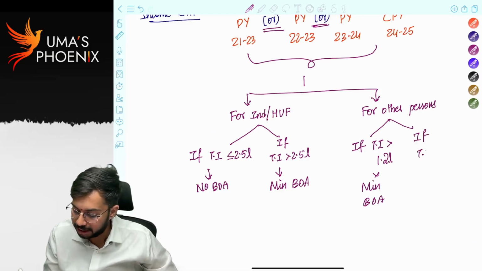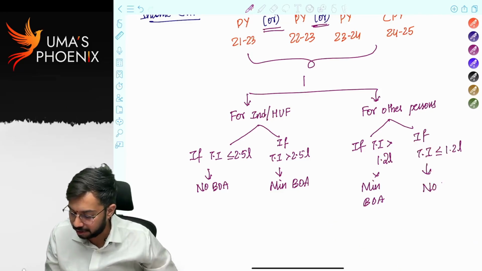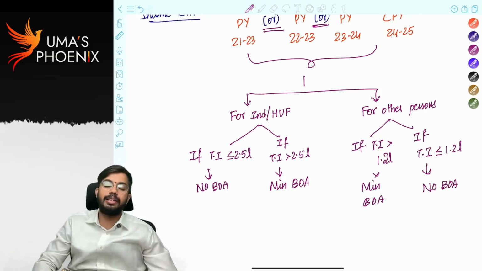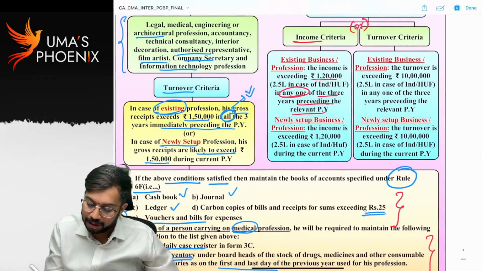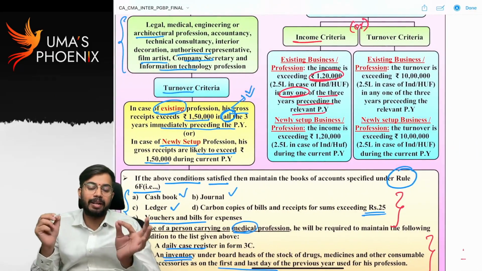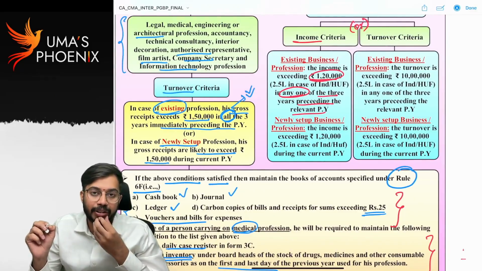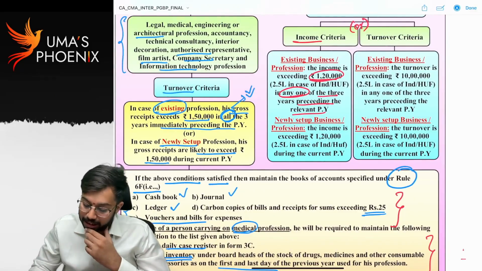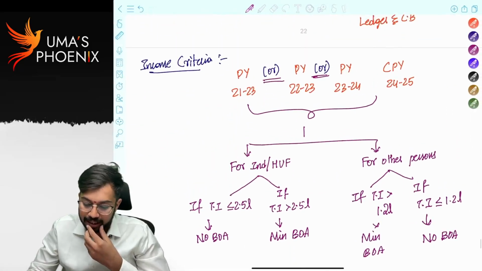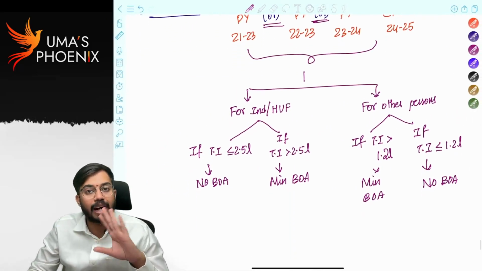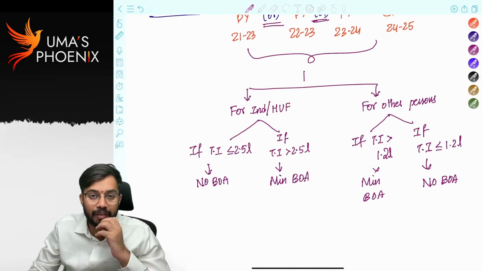If total income is less than or equal to 1.2 lakhs, then no books of accounts are required to be maintained. Is it clear? So this is the crux. For other category of persons, the income limit is 1,20,000. For individual or HUF, the income limit is 2,50,000.